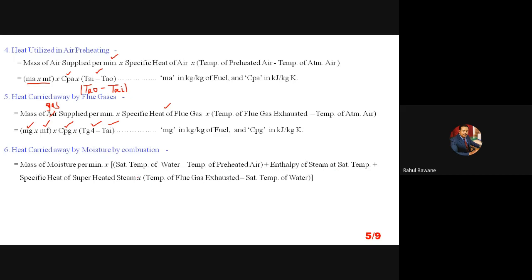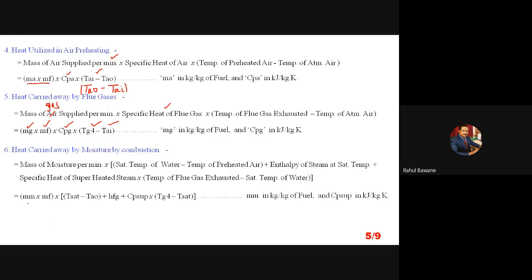So that moisture gains this heat and gets converted into steam. Wherever the moisture content is there, heat is utilized to convert it into vapor. All this heat is called heat carried away by moisture in combustion.